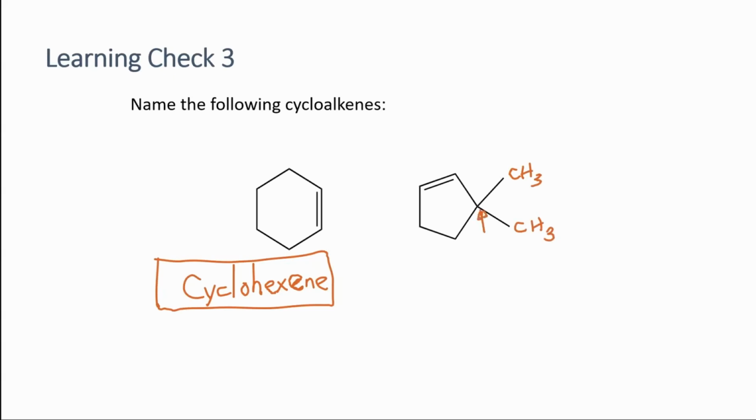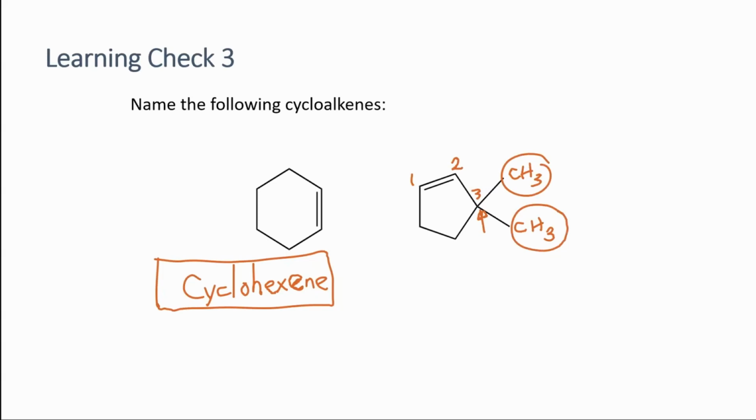Now, according to the rules that I mentioned, you need to start numbering this cyclopentene, giving the number 1 and 2 to the double bond containing carbon. And in this way, the methyl groups are on the third carbon atom. So the name should be, since there are 2 methyl groups, you need to mention that.